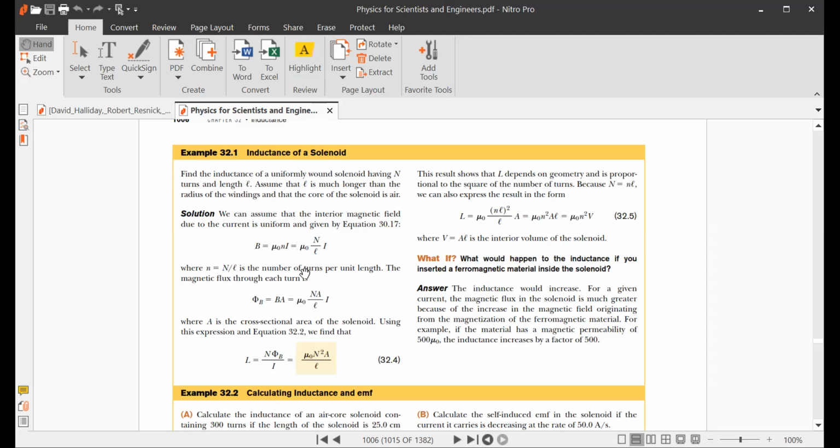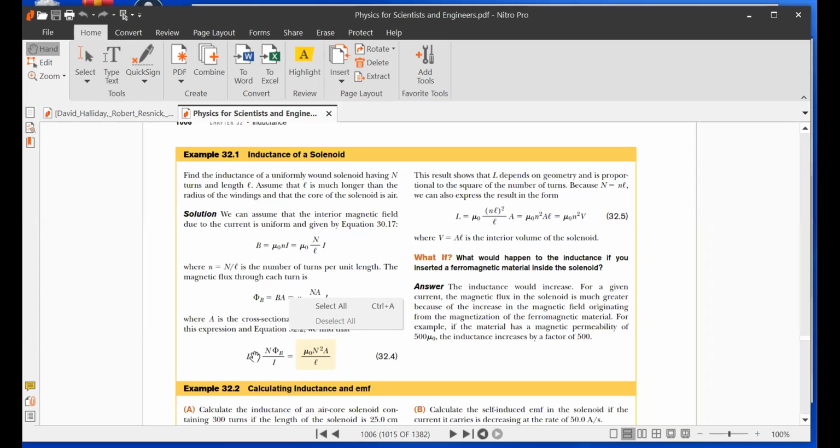This capital L has a specific name called self-inductance, or just inductance. Any question about this aspect?